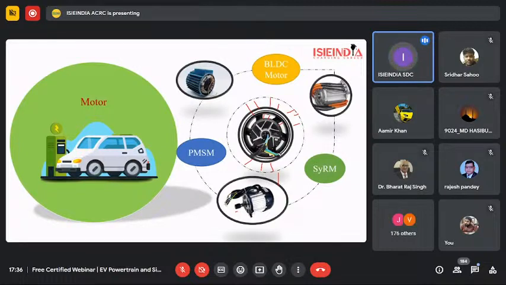So these are the mainly used motors in electric vehicles: BLDC, PMSM, and the synchronous reluctance motors. I hope you are with me now.